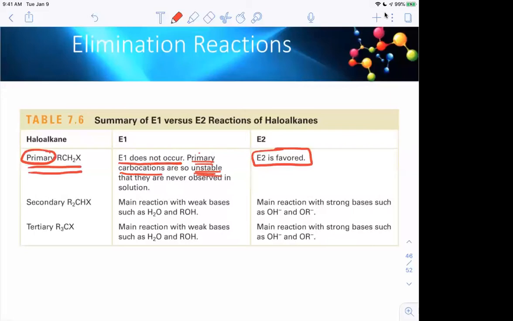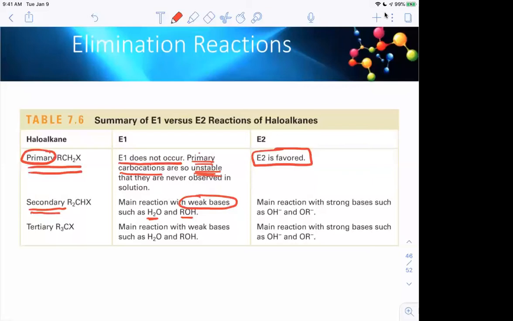Now, this is a little different. Secondary alkyl halides will undergo E1 if I have a weak base. So my weak base can be water or alcohol, and what I'm going to get is an elimination reaction that proceeds through the E1 mechanism.